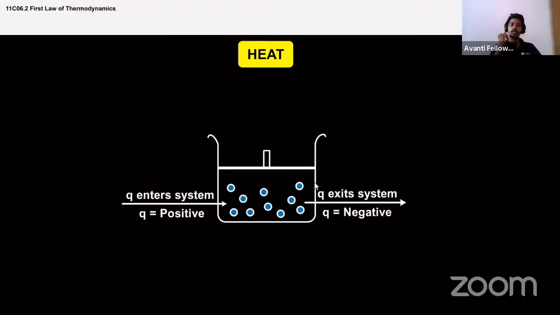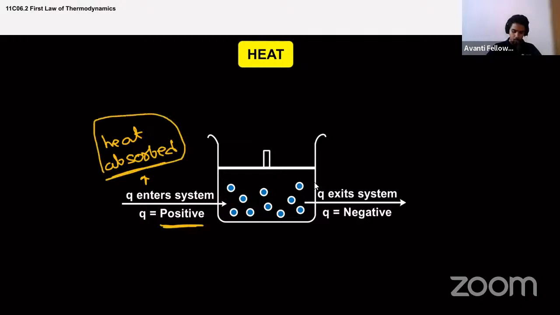Now, what sign convention will we be using? If heat is absorbed by the system, or heat is entering the system, we'll give Q as positive.